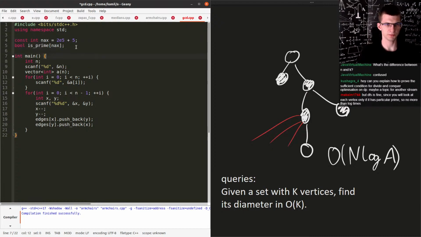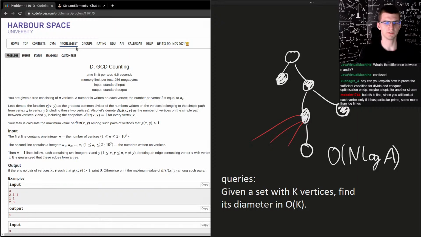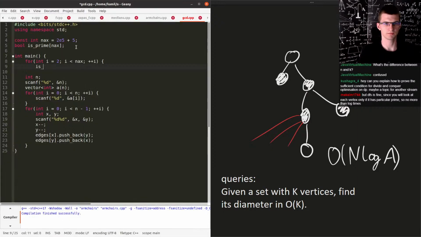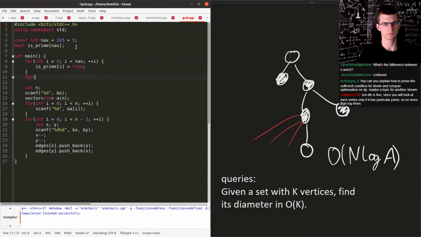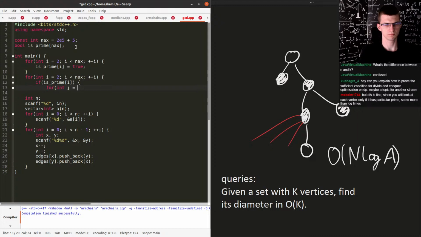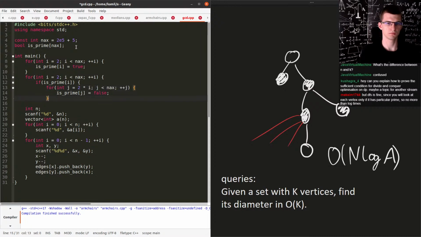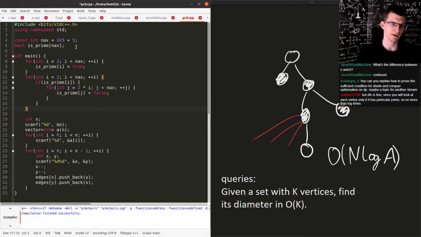Even before reading the input, I will run the prime sieve. Max is the maximum value of a_i.